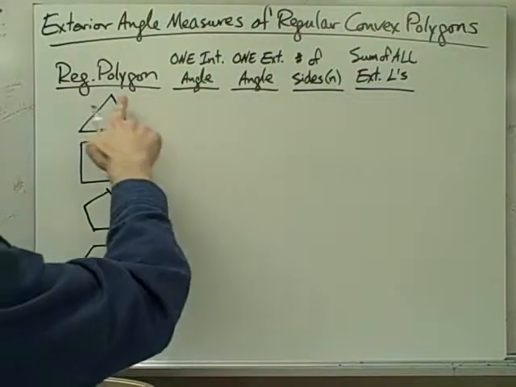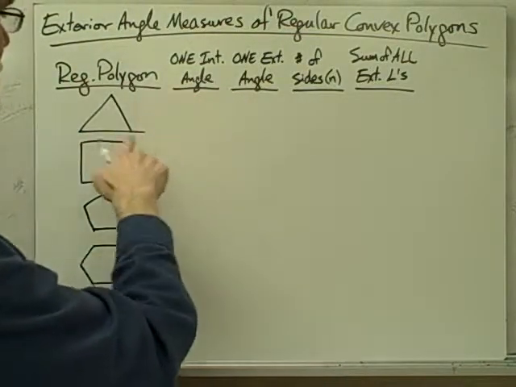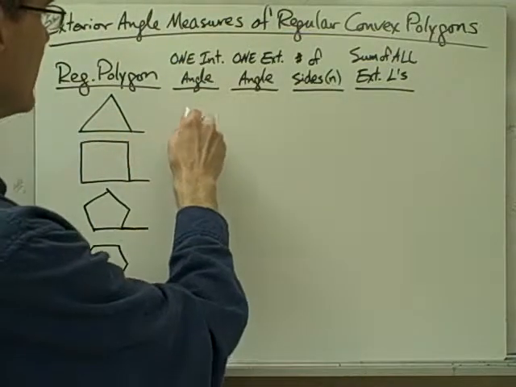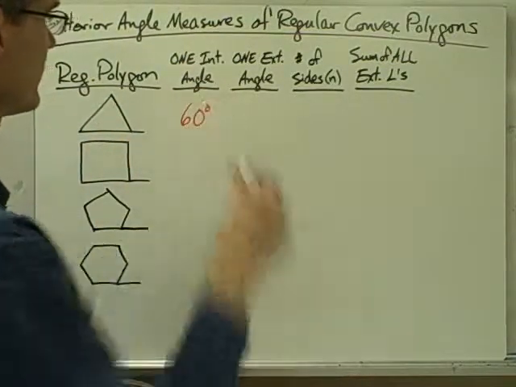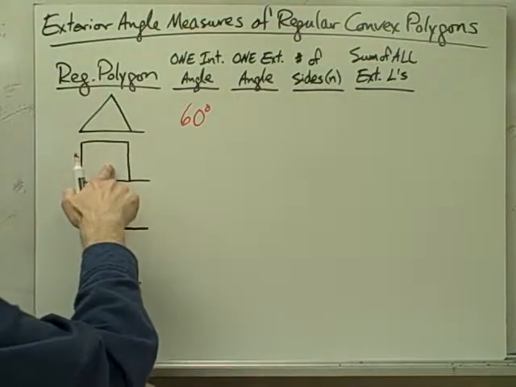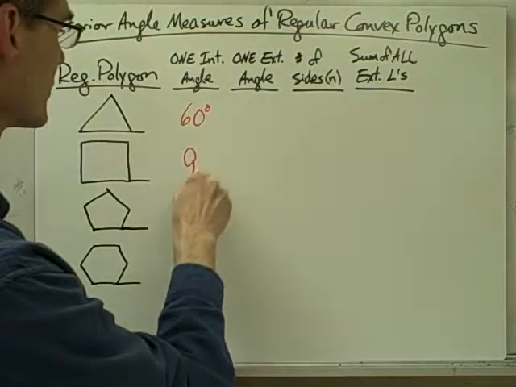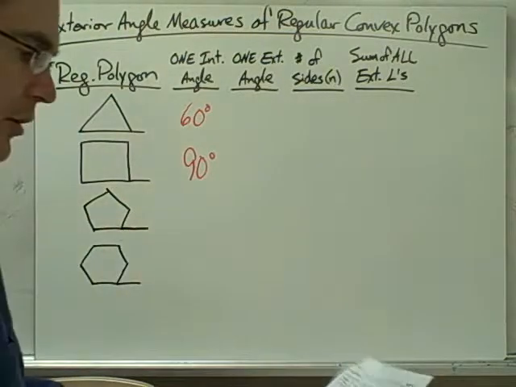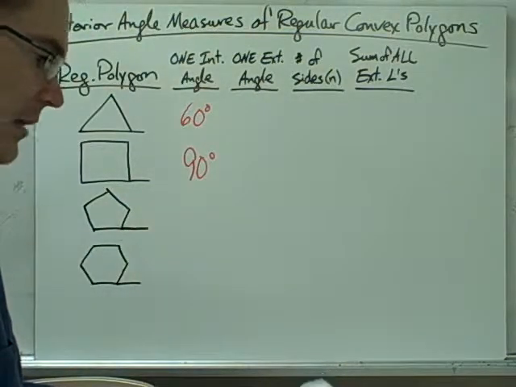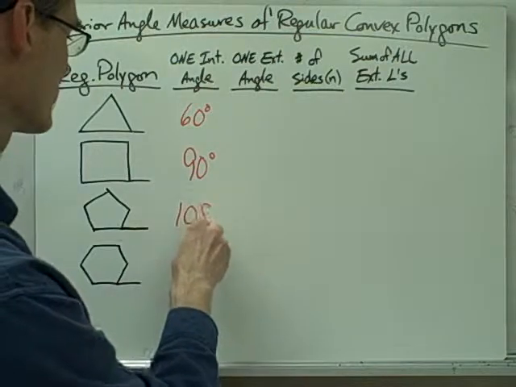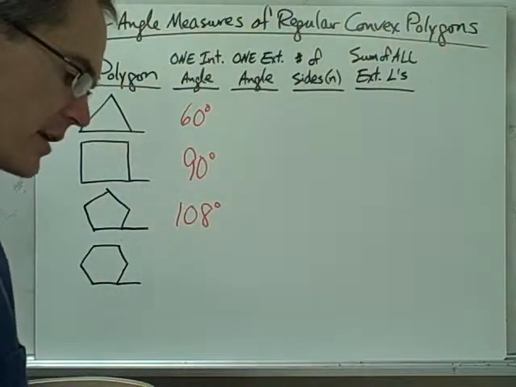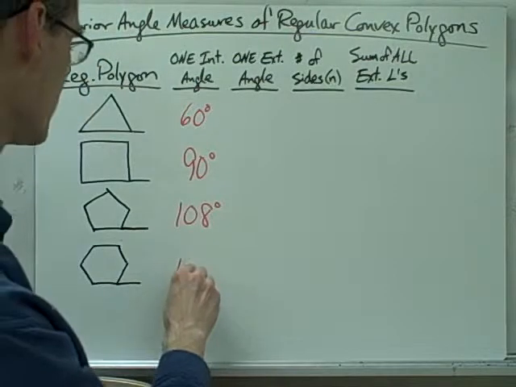So the measure of one interior angle of a regular triangle, that is an equilateral triangle, is 60 degrees. The measure of one interior angle of a regular quadrilateral or a square is 90 degrees. The measure of one interior angle of a regular pentagon, we just calculated that, that's 108 degrees. And the measure of one interior angle of a hexagon, we calculated that as well, 120 degrees.